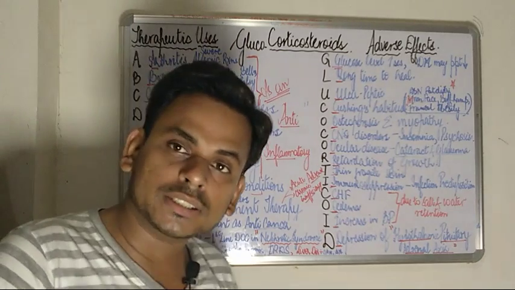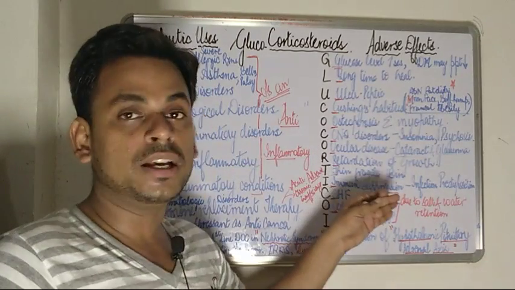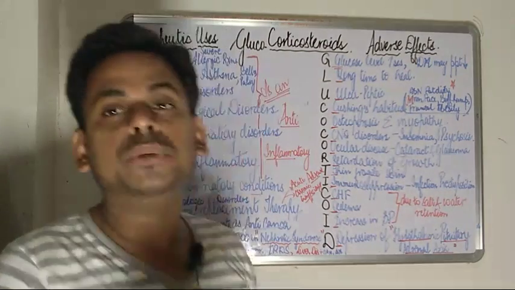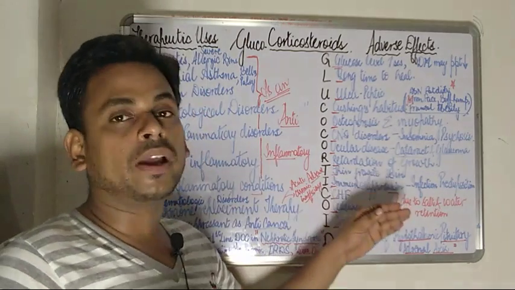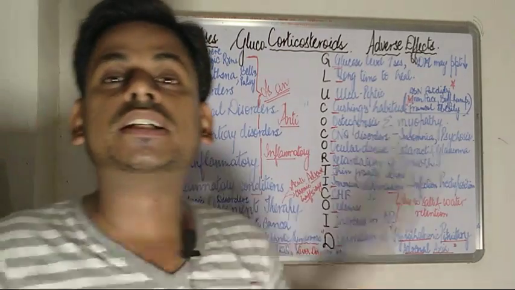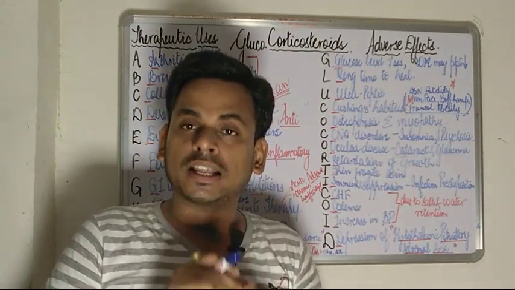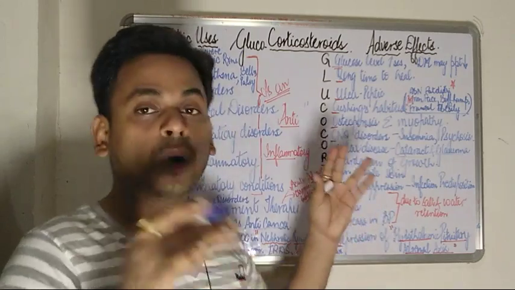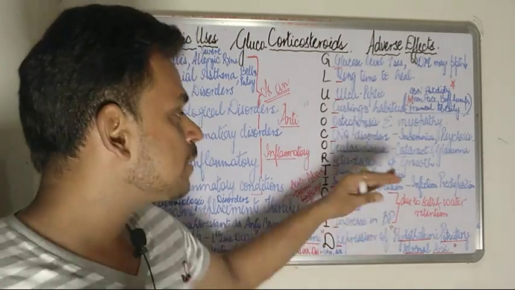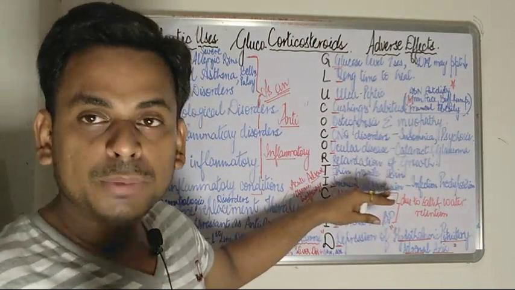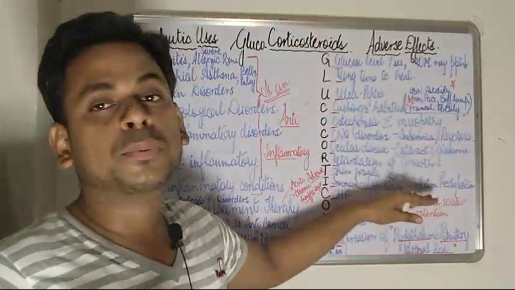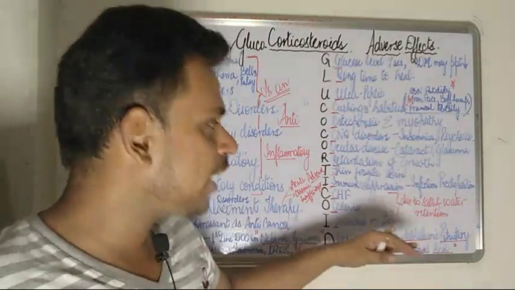Students, this is a very important point in the adverse effects, because patients on continuous use of glucocorticoids are predisposed to certain kinds of infections. In patients on long-term glucocorticoid therapy, immunity is suppressed. The phenomenon of immune suppression is seen, and these patients are mostly predisposed to various kinds of infections.